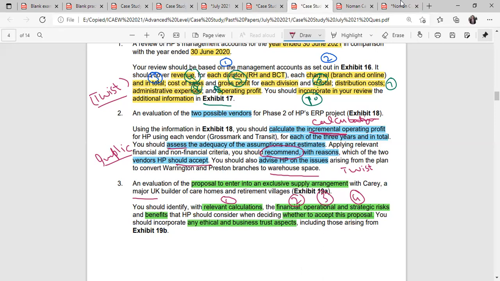You should incorporate any ethical and business trust issues, including those arising from Exhibit 19B. I should consider my ethics and business trust requirements for this portion, and again, it has some good marks.